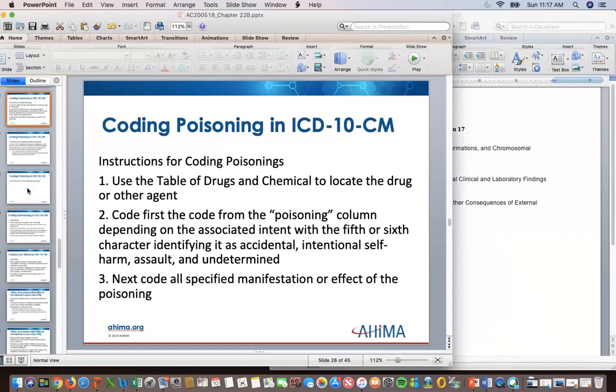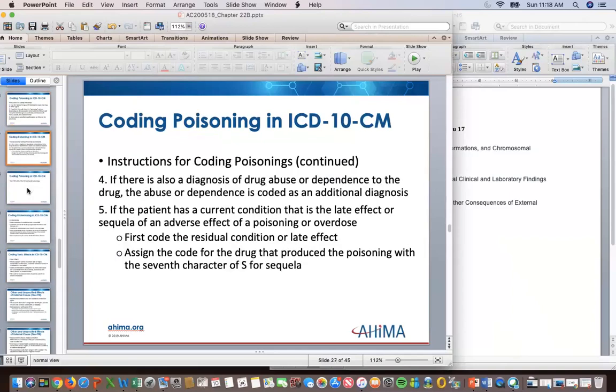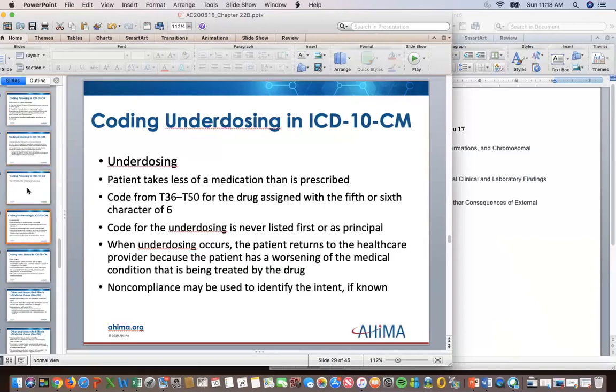I'm starting here with the PowerPoint on slide 26, instructions for coding poisoning. There are multiple steps for that also, but use your table of drugs, which I just showed you. Go to the poison column, next code out all specified manifestations or the effect of the poisoning. Okay, and just make your way all the way down through that.